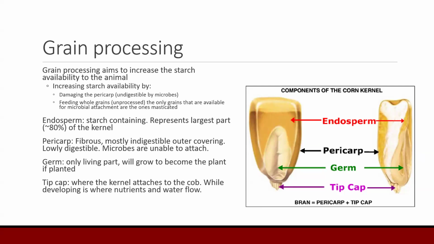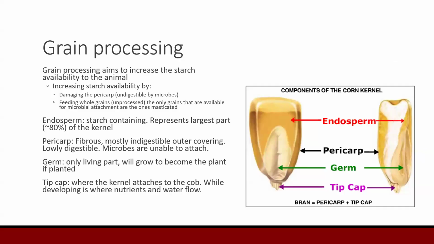So if we don't break that pericarp and expose the endosperm, the microbes can't get access to the starch. So we process grains because we want to increase starch availability by damaging the pericarp. The pericarp is undigestible to microbes.